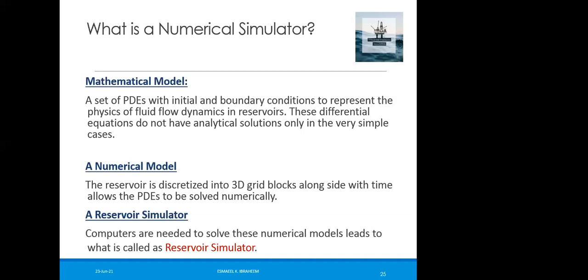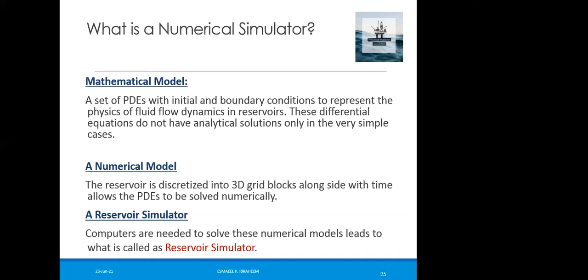So as I said, the numerical simulator contains a mathematical model and a numerical model. These mathematical and numerical models will lead to the reservoir simulator. The mathematical model collects all the available data, that's for a static model.